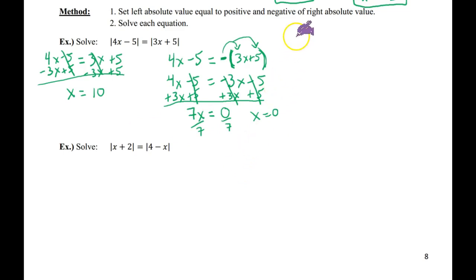So those are my two possible solutions. But I still need to check. It's so important to check because you could get what we call an extraneous solution, meaning it looks like a solution, I solved it, and it feels like a solution, but when I plug it back in, it just doesn't work. So let's check these. The first one, I'm replacing x with 10.